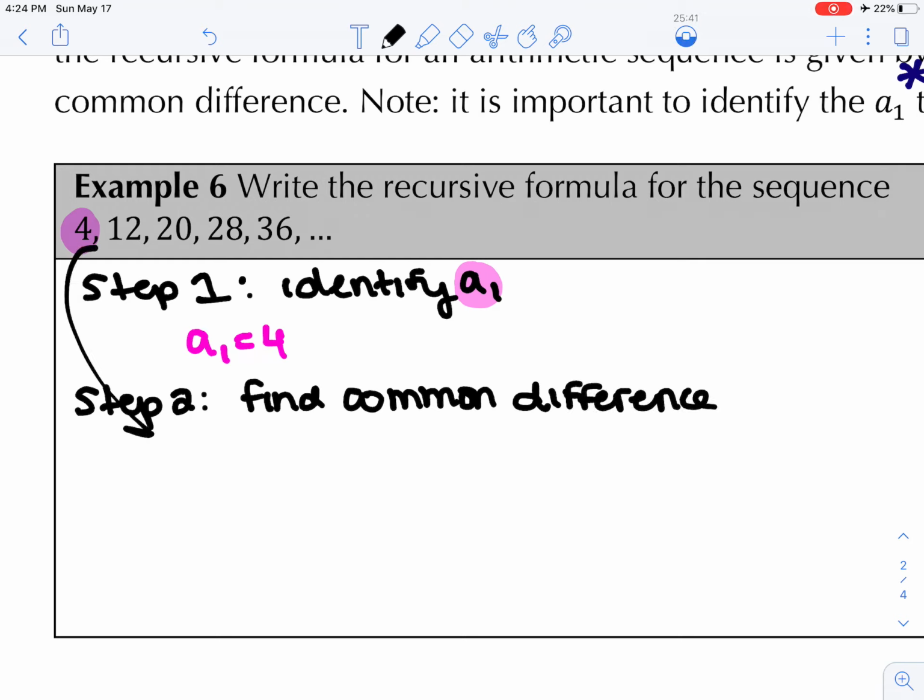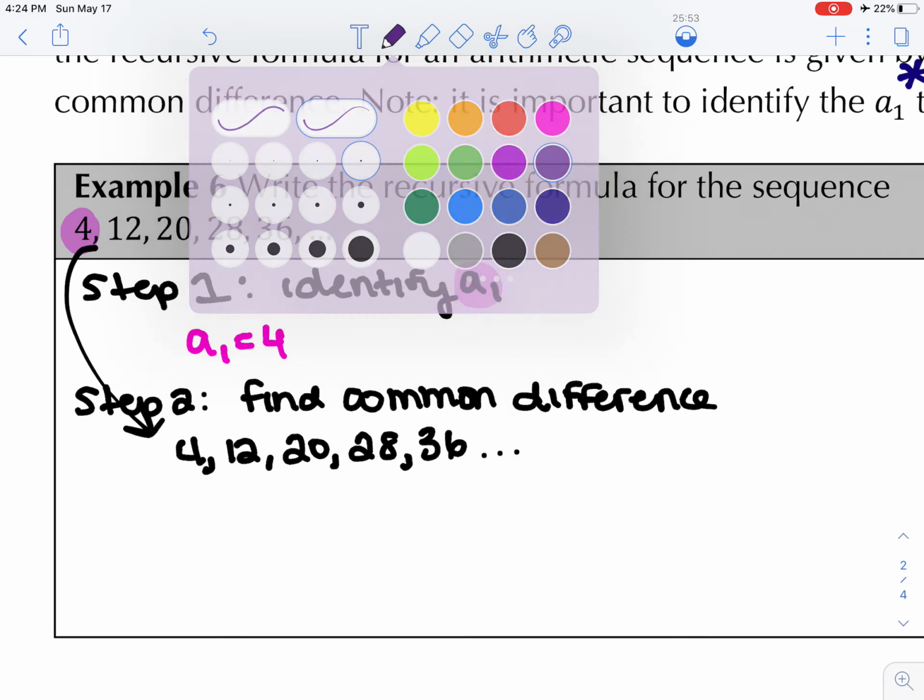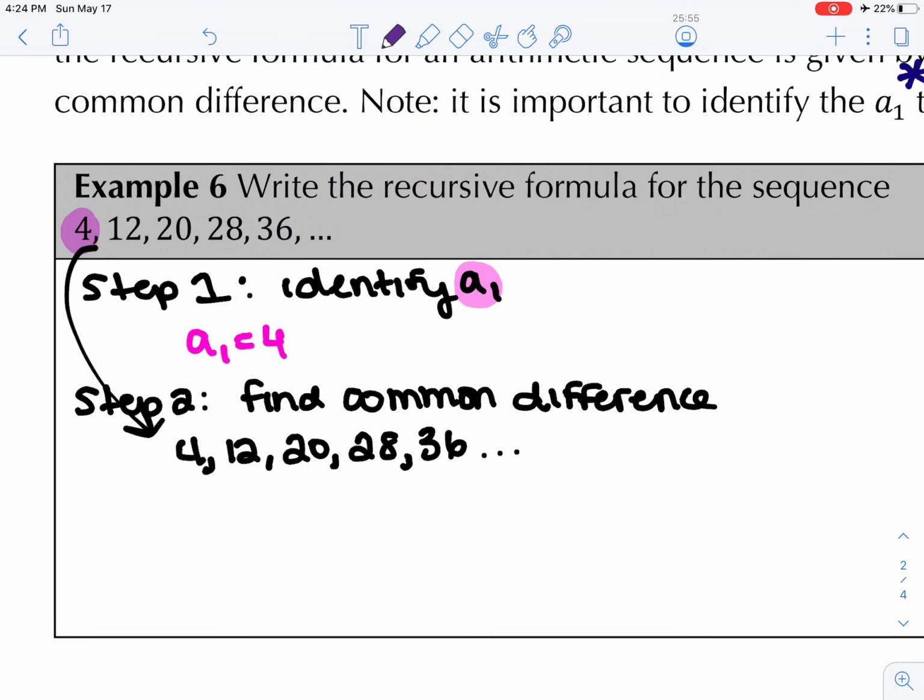Looking at our sequence 4, 12, 20, 28, 36, I see that the common difference is 8, right? 4 plus 8 gives me 12. 12 plus 8 gives me 20. 20 plus 8 gives me 28, and 28 plus 8 gives me 36. So in this sequence, d is equal to 8.